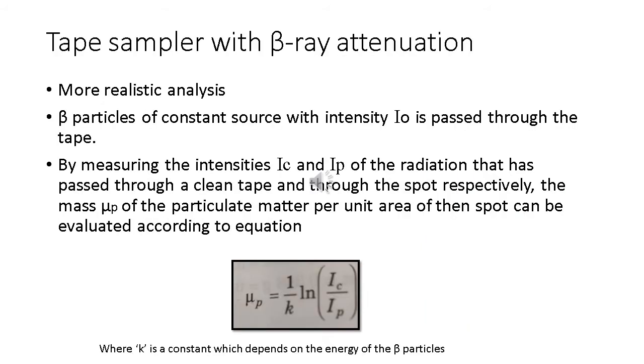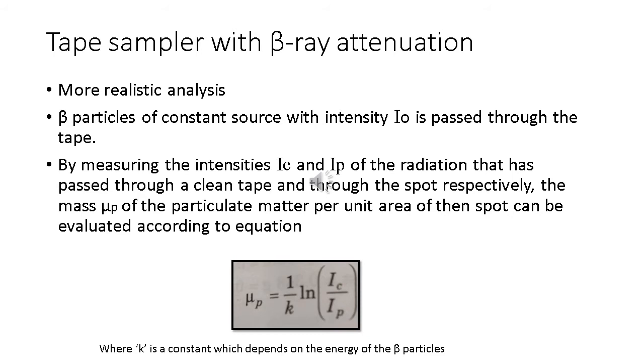A more realistic analysis of the spot is based upon beta ray attenuation. Here a beam of beta ray particles of constant source with intensity I0 is passed through a tape. By measuring the intensities IC and IP of the radiation that has passed through a clean tape and through the spot, respectively, the mass mu p of the particulate matter per unit area of the spot can be evaluated by an equation.